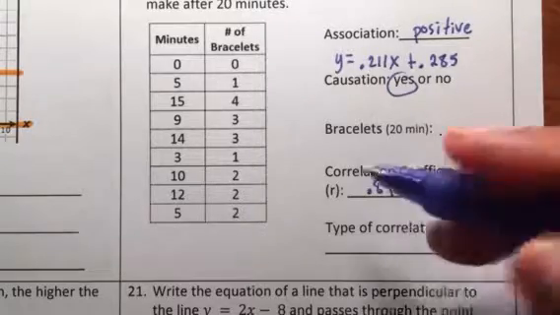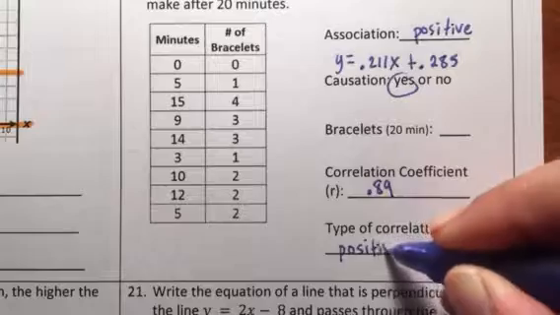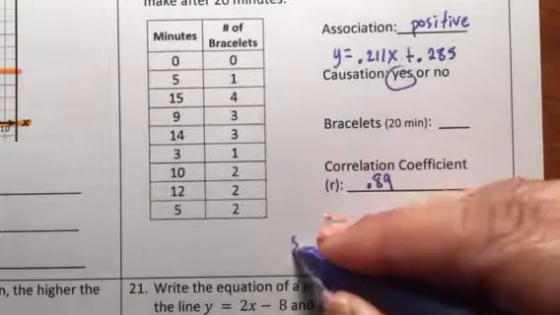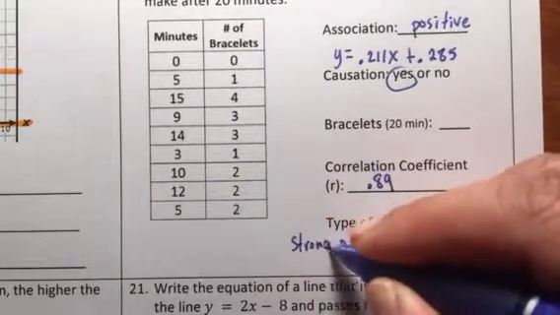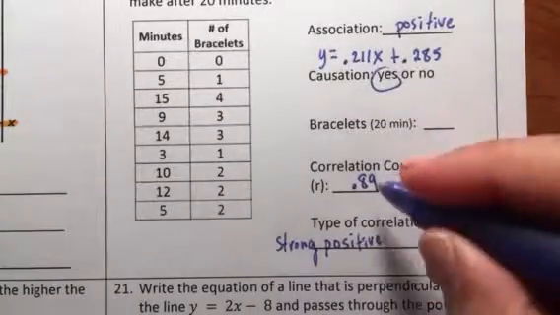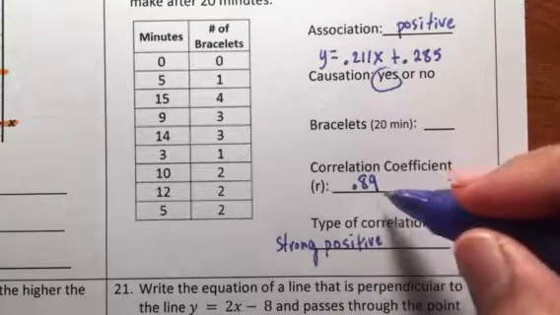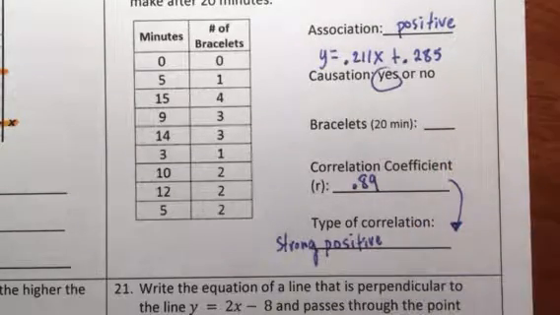Since this is positive and it's close to 1, this is a strong positive. So again, this determines this. Since this number is close to 1, it's a strong positive. If it was closer to 0, it would be a weak positive.